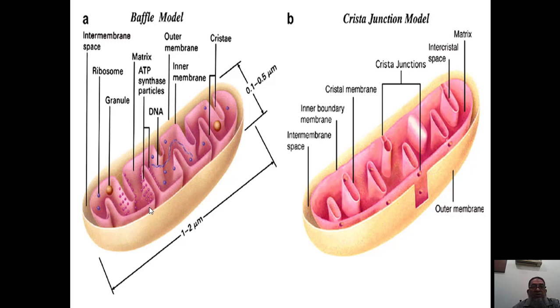There is no interconnected part of the membrane. Look at the picture, over here this is a continuous space present within the crista, but in the Crista junction model, look at this tubular formation, or you see a tubule of the infolding of this crista having attachment with the inner mitochondrial membrane space. Look at this picture. So this junction, this is called a Crista junction.